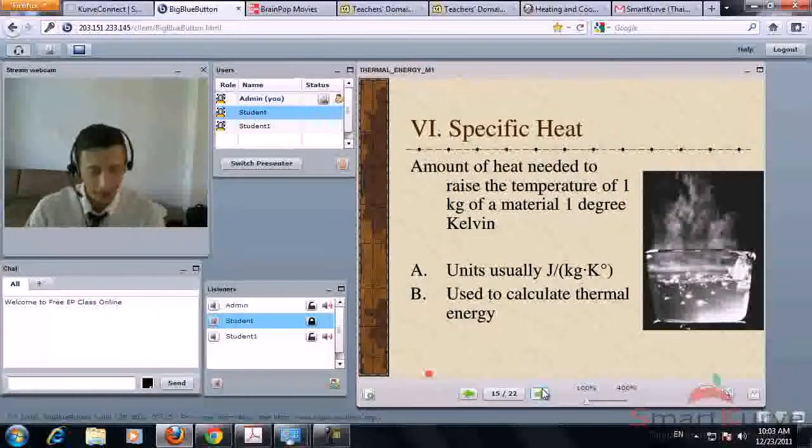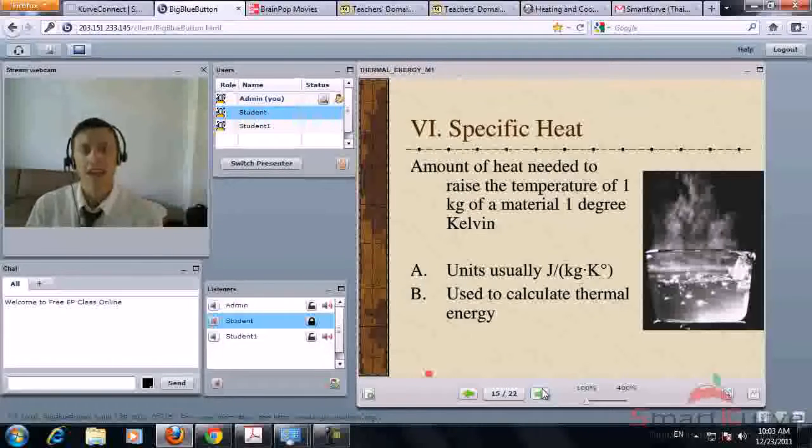Specific heat. All right. When we talk about specific heat, we're asking how much energy do we need to raise 1 kilogram of some material 1 degree Kelvin? Now this is important because not all matter is the same.